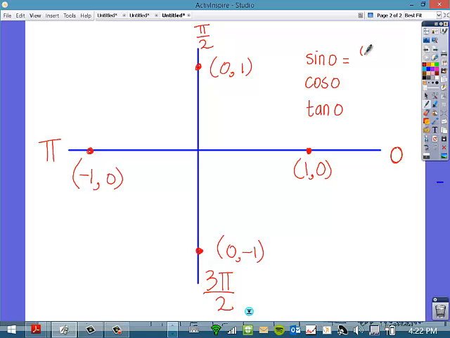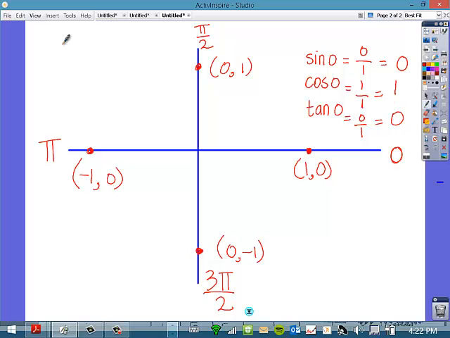Y is 0. Radius is always 1. So sine of 0 is 0. Cosine of 0 is x over r. X is 1. R is 1. So cosine of 0 is 1. And tangent is y over x. So that would be 0 over 1, which is 0.